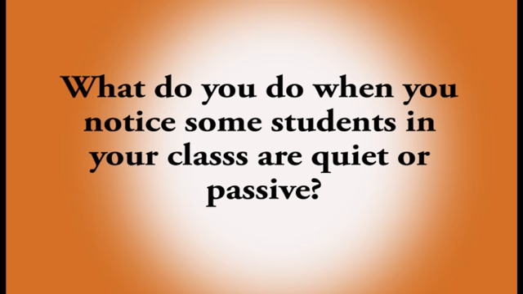What do you do when you notice some students in your class are quiet or passive for, say, an extended period of time? If I don't know well a student who seems reluctant to participate, then I take a passive response. That is, I wait for him or her to make the first move.